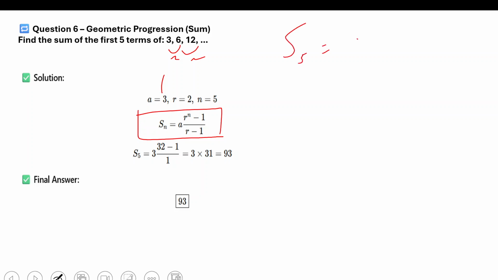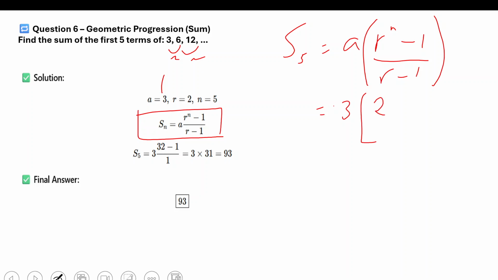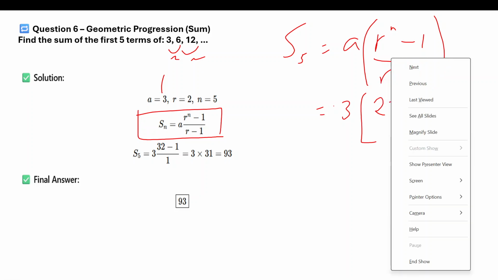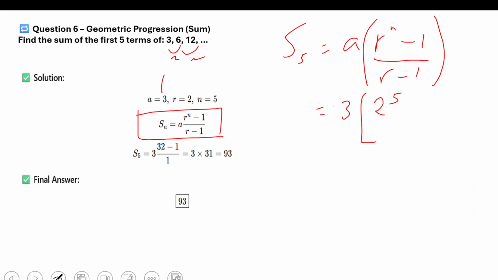Sum of n terms equals a open bracket r to the power n minus 1, then all over r minus 1. So a is 3, putting brackets, then r is 2 raised to the power n, and n is 5, then minus 1, all over 2 minus 1.